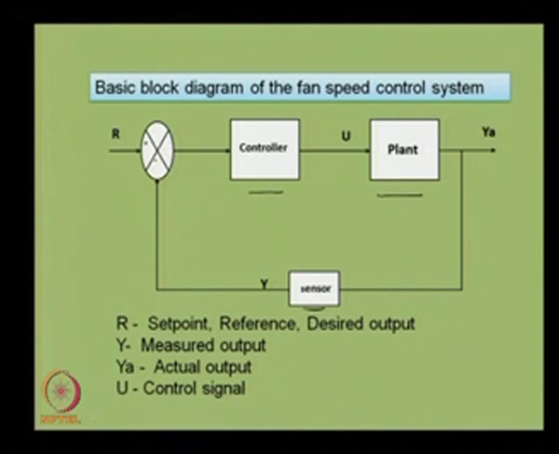So, plant, sensor and controller are the three basic building blocks of a basic control system.